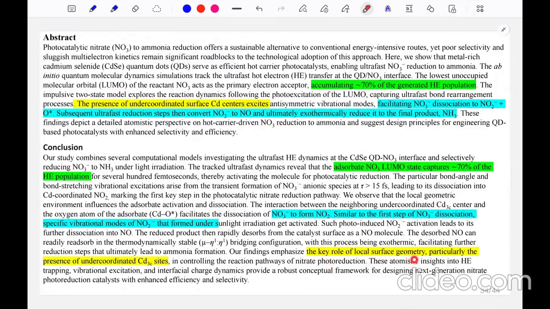Here also you can see the key role of surface symmetry, particularly the presence of under-coordinated three-coordinated sites. Moving on to the difference part, the abstract is a concise summary.